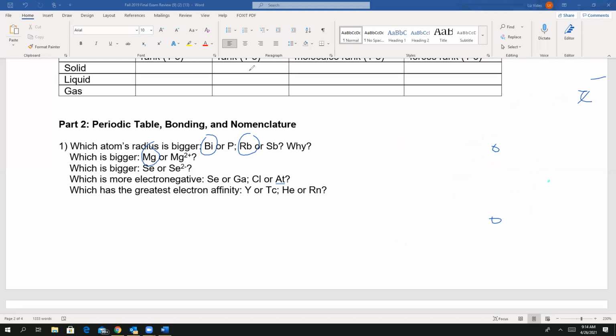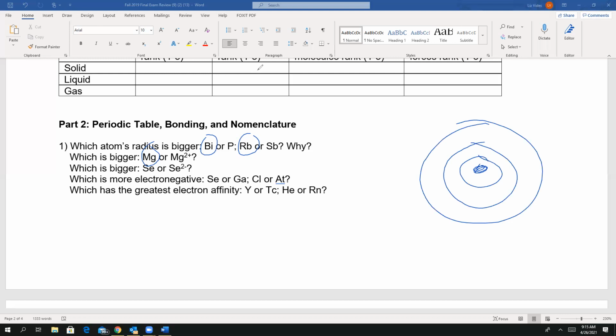All right, the next one is selenium. Well, normally selenium would have the same kind of thing. You would have your nucleus. You have 1, 2, 3 layers, and I'm not doing those anymore, but the last one would have 6 electrons, right?